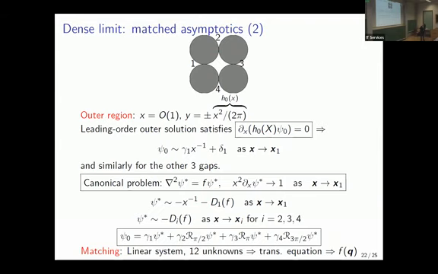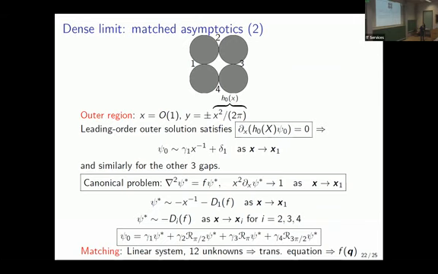And then you have an outer region, and the outer region is basically defined by a domain where the obstacles are touching. And in this case, again, you have a flux equation that is conserved.